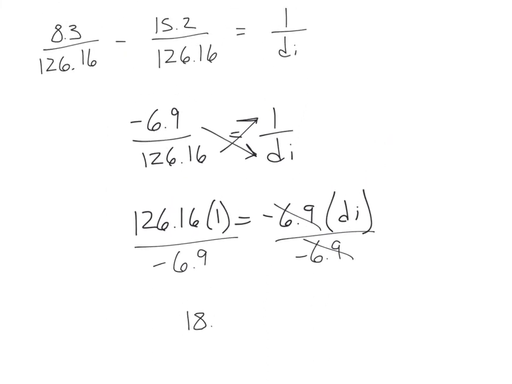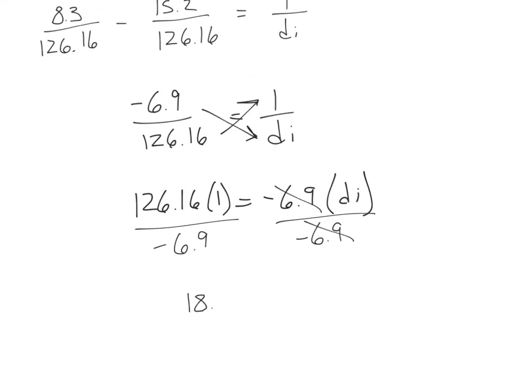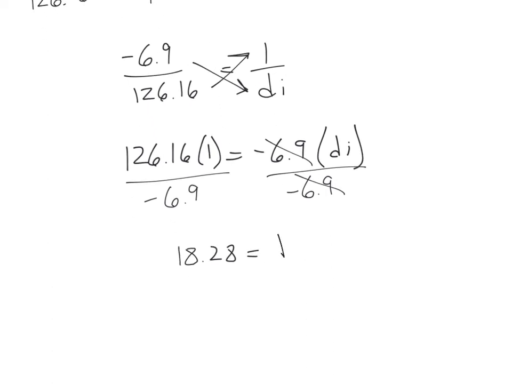And since we started with 1 decimal, we should probably round up, making it 18.3 centimeters. Oh, and sorry, that was a negative there. So check your answer with mine. Did you get the same answer?